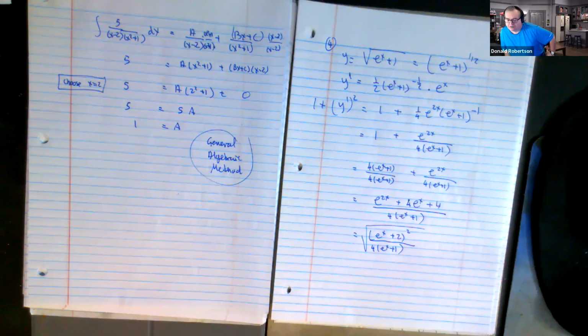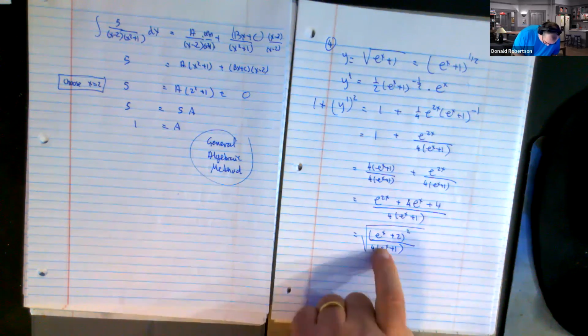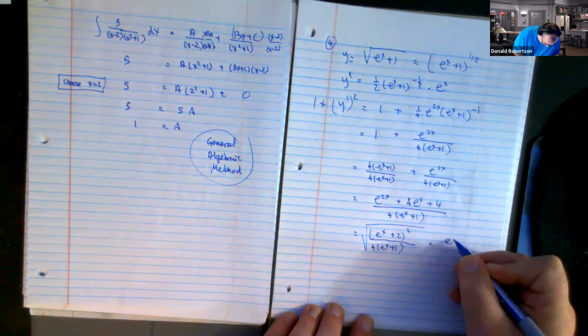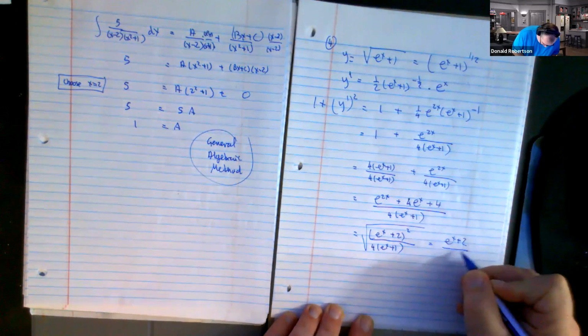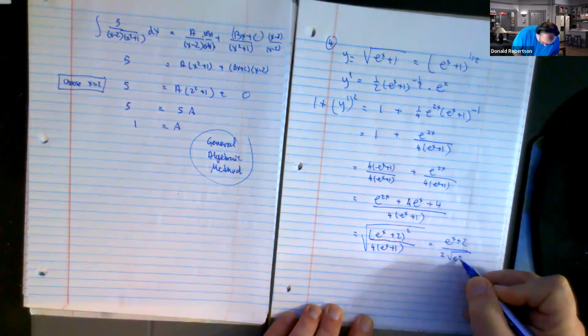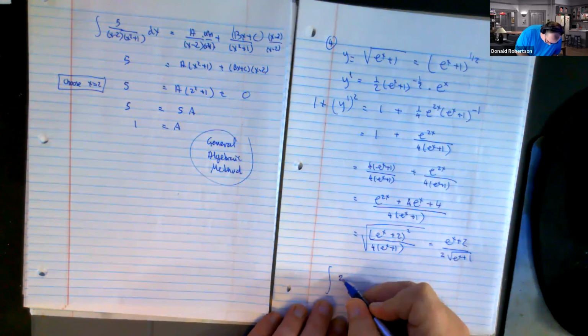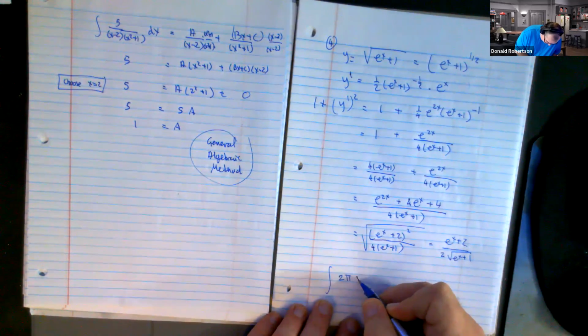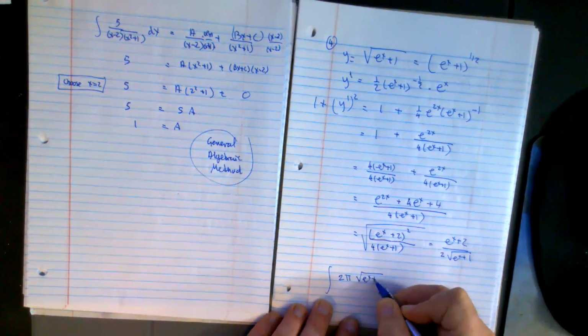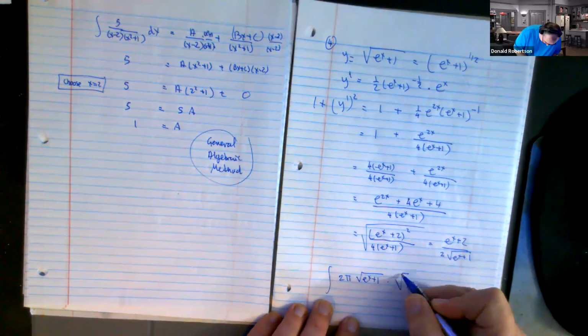Right, now if you stick that inside the square root, you get that and you get 2 of these. But remember the 2 pi f of x, which is this, times essentially this.